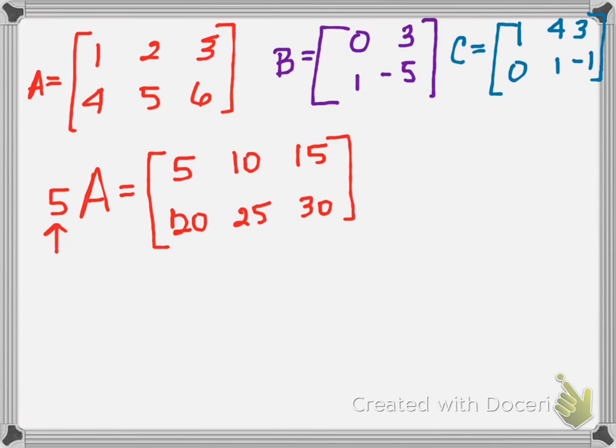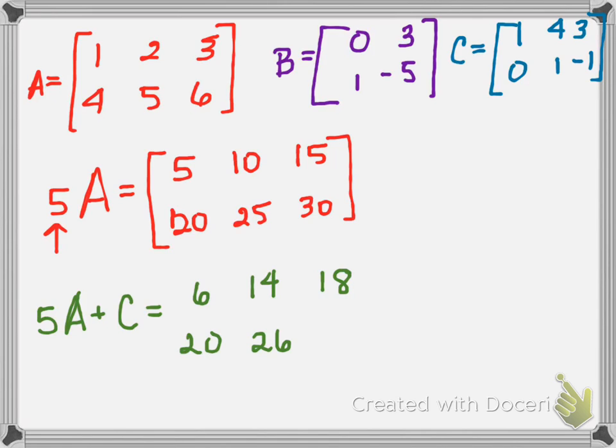So, for example, I could compute 5A plus C. I know what 5A is, it's right here, and then I could add it to C, or I could just multiply in my head all the entries of A by 5 and add them to C. And so I would get 6, 14, 18, 20, 26, and 29.